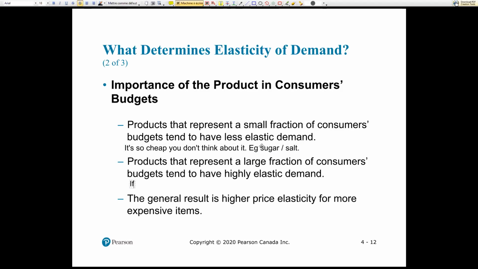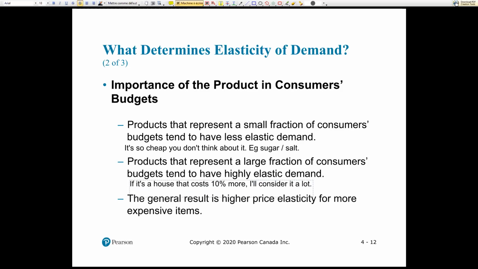But if it's a house that costs 10% more, I'll consider it a lot, because it's such a big part of my expenditure for 10 years to come. I really care about it, so I shop a lot. That's the interpretation.